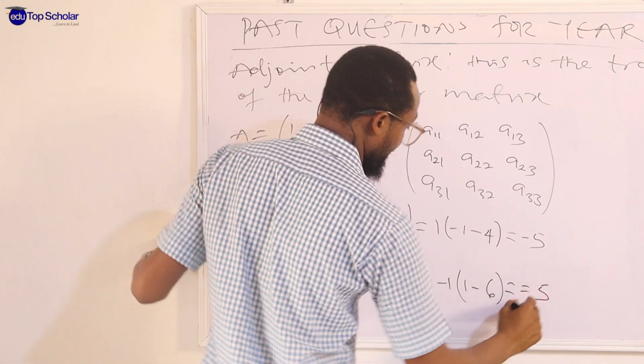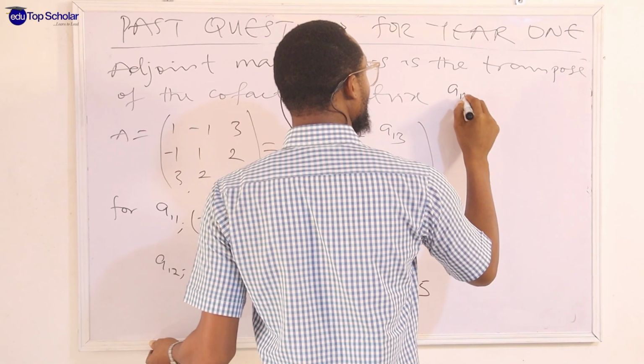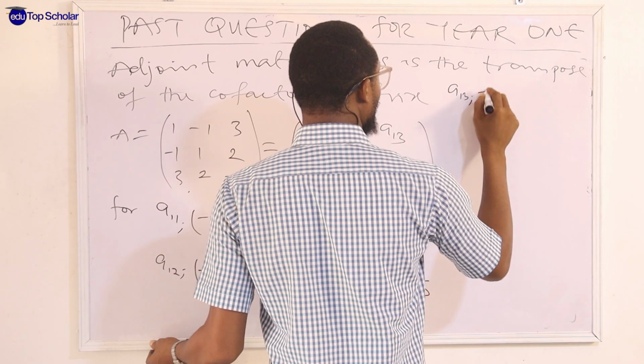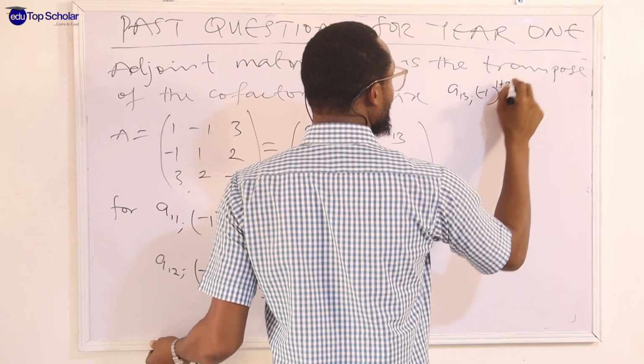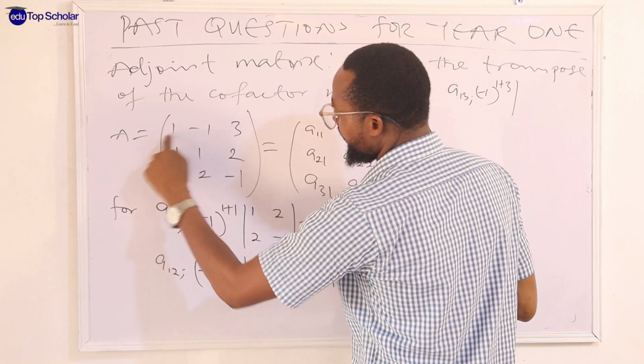This will give us 5. The next one will be for A13. We have minus 1 raised to power 1 plus 3 multiplied by the determinant, and we delete this row and column.